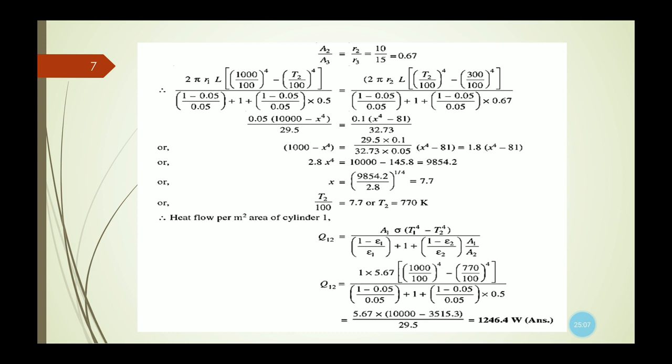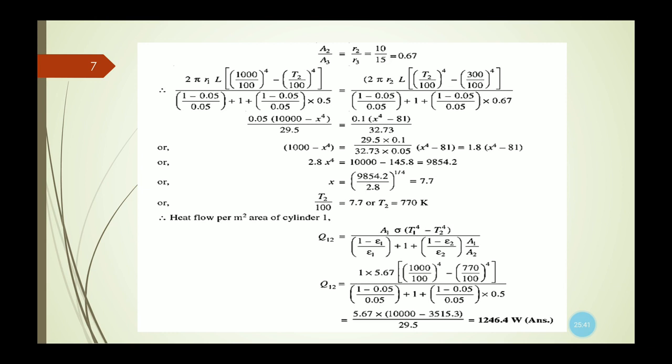After certain steps we get one equation: 1000 minus x to the power 4 equals 1.8 into x to the power 4 minus 81, where we have considered x equals 9854.2 divided by 2.8 to the power 1/4. So this x is T2 by 100.